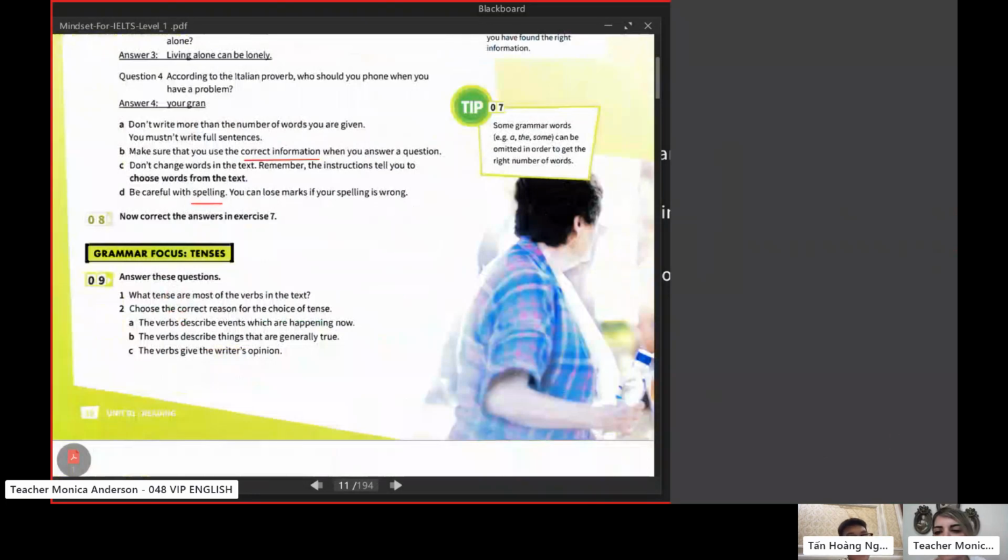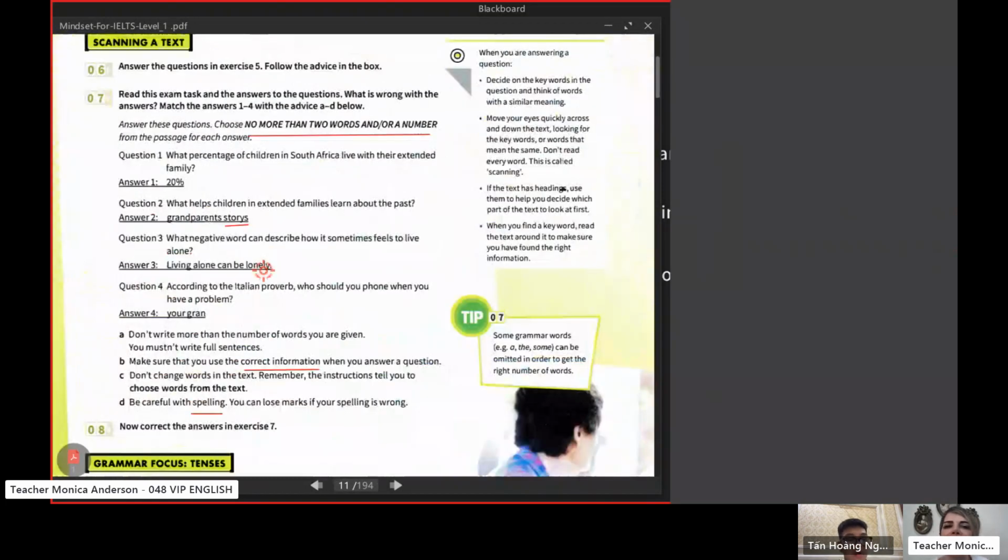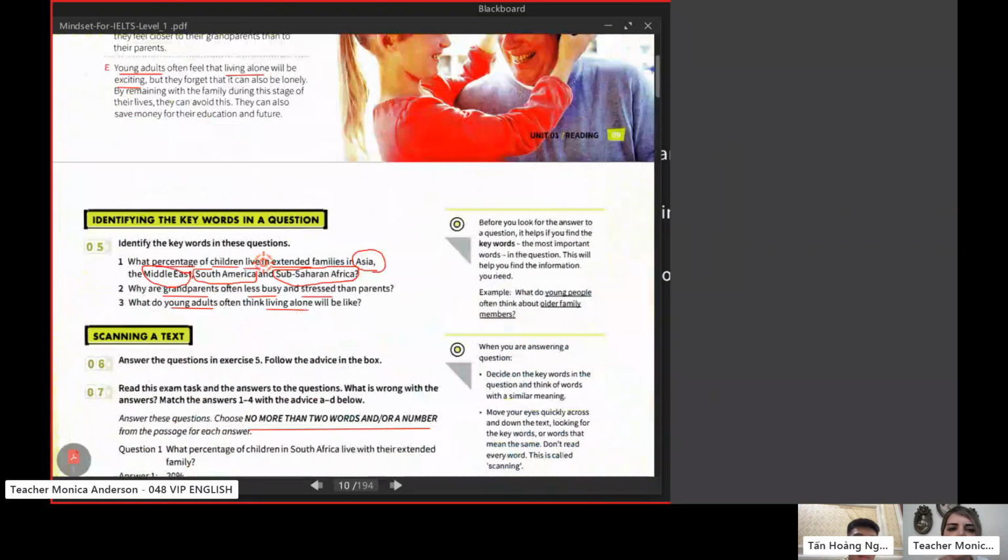What tense are most of the verbs in the text? Take a look and tell me what tense you can see more. Present simple. Of course, definitely yes.